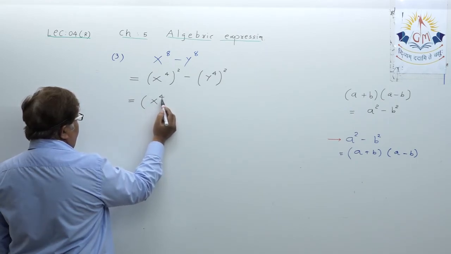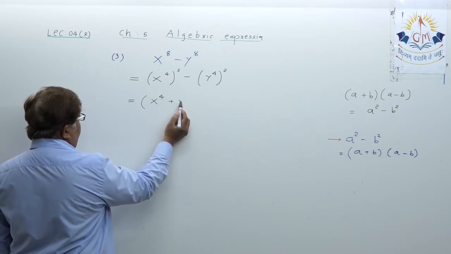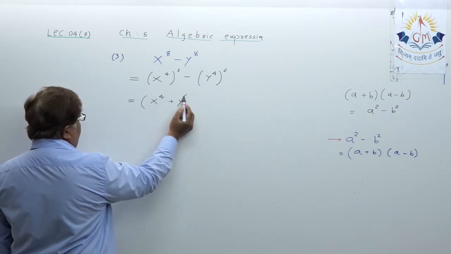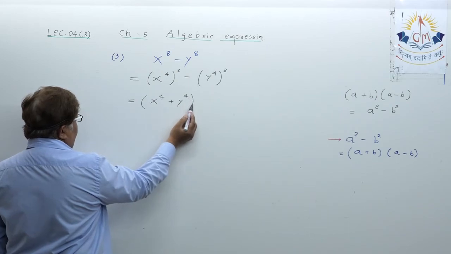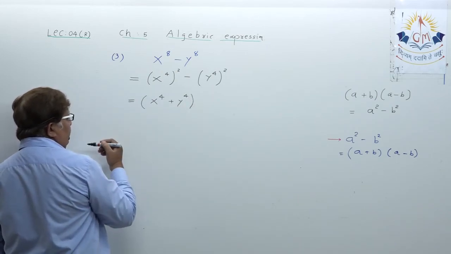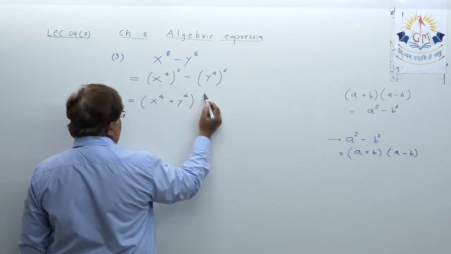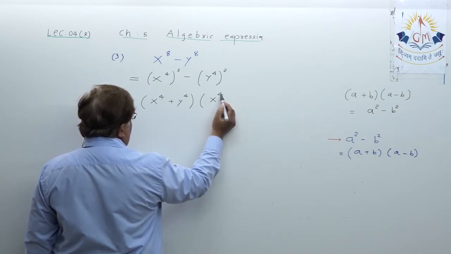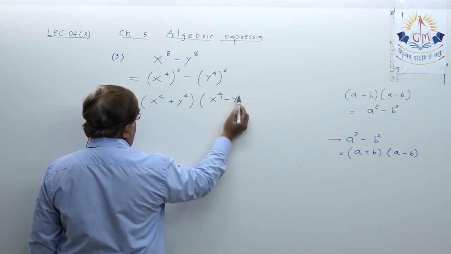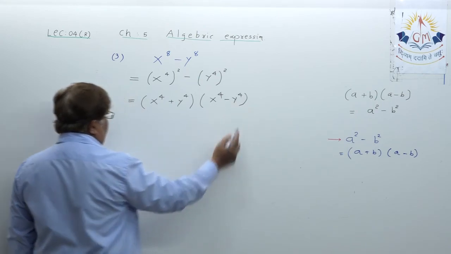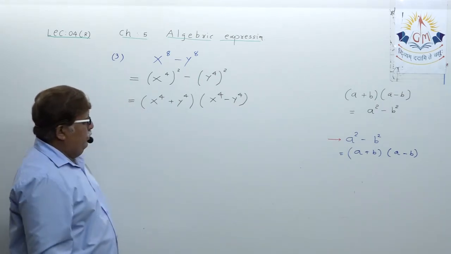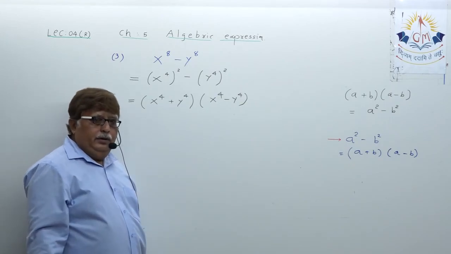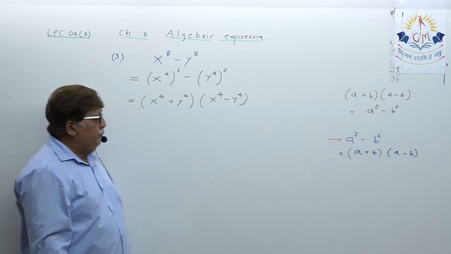I am writing slowly so that you can keep pace with me in this sum. A plus B, please verify. A minus B. A plus B, A minus B.